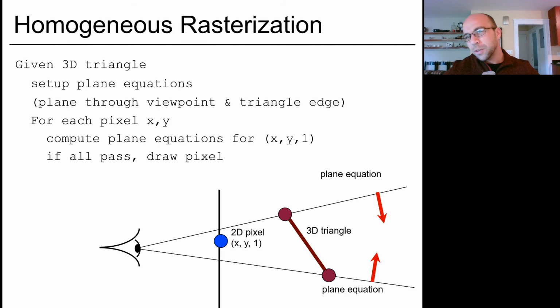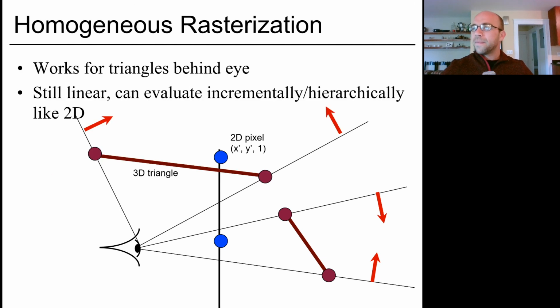We simply don't have to shield against these special cases, like something going behind your eye. And so somehow the code that you get is much more simple, right? It's just draw the pixel if these three plane equations all pass, rather than having to check, like, draw the pixel if the three half space equations pass and the pixel isn't behind your eye and you didn't clip and all that stuff.